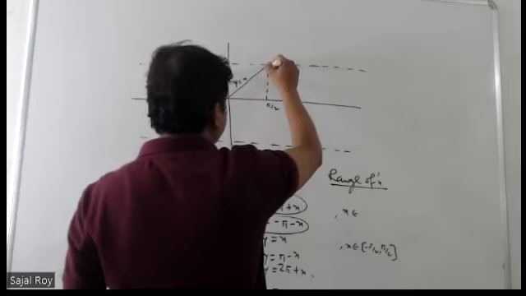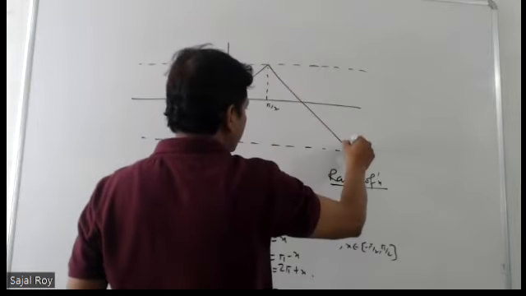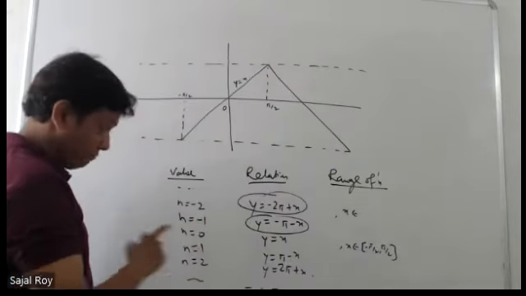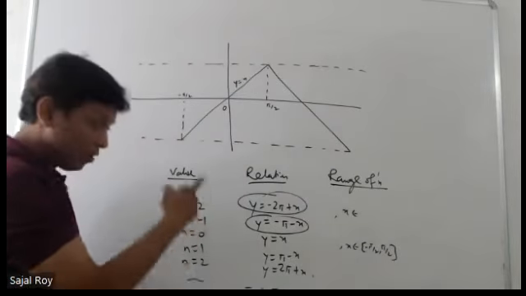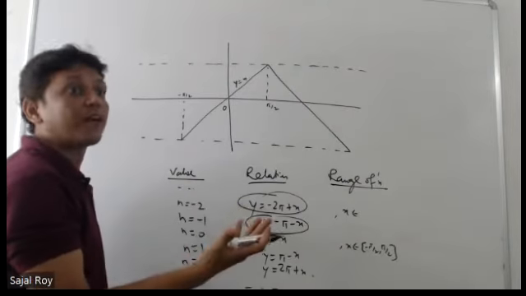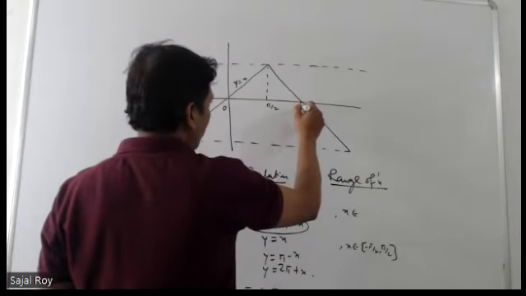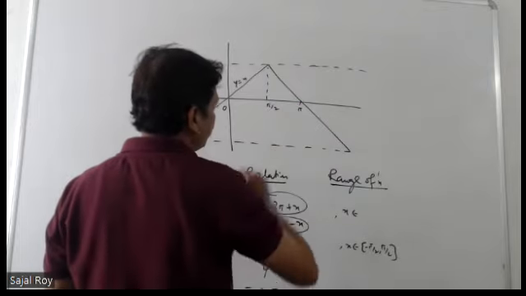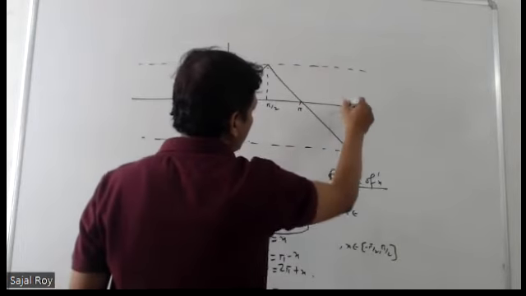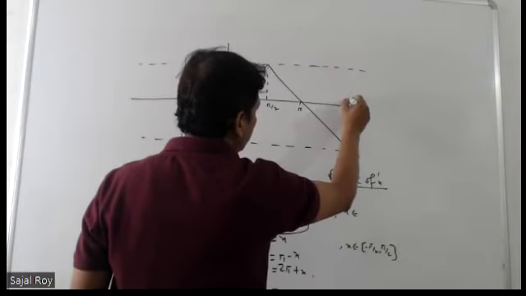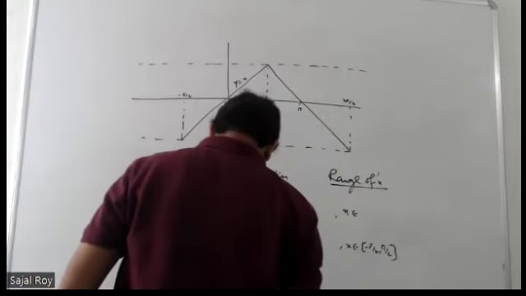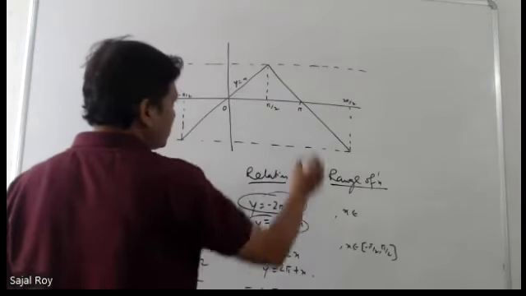Next. All are straight lines. Look at that, your relations are all straight lines, so I'm just plotting them on the graph. So this is your π/2, this is π, and this is your 3π/2. Now what is this?